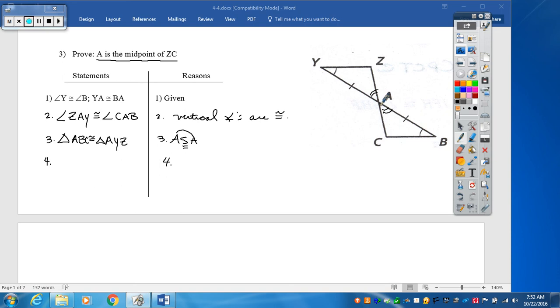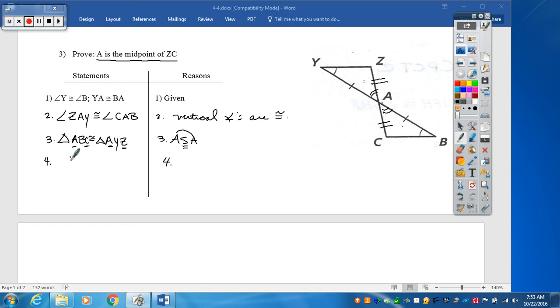Because to be the midpoint is to be equidistant from the endpoints of the segment. Since these two triangles are congruent to each other, I know that ZA and AC have to be congruent. If I look up here, ZA and AC are in the same positions within my congruency statement, so they have to be the same length.